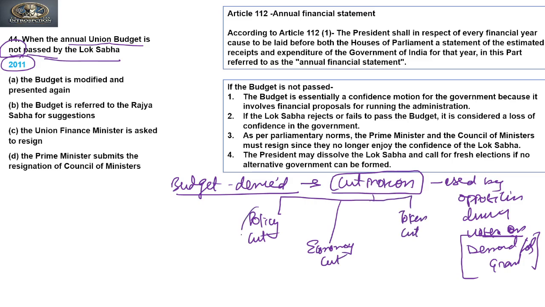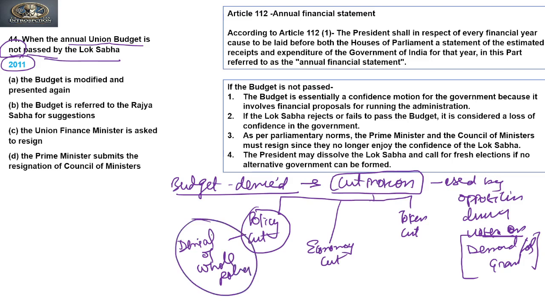Now, when we see the policy cut, it means denial of the whole policy and reducing the demand to rupees 1. It means the Parliament says we will provide you only rupees 1 for the policy you have asked for, irrespective of the amount asked. So they deny the whole policy. This is a policy cut.